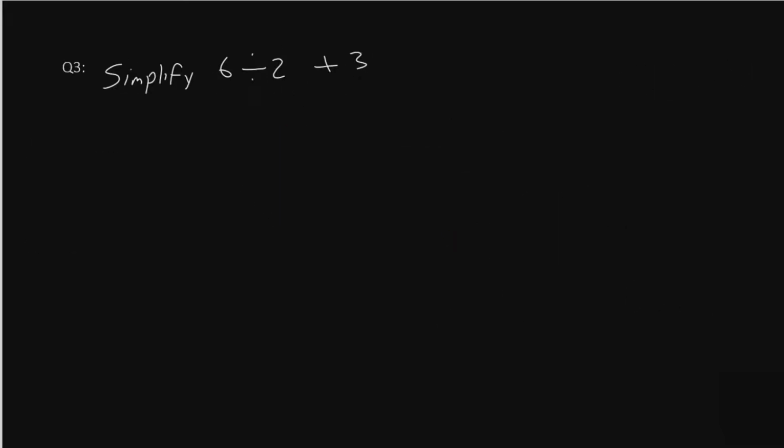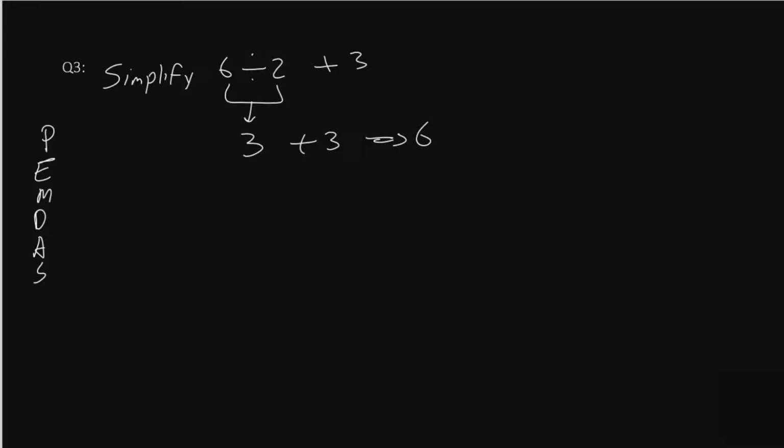That being said, let's go on to the next problem. 6 divided by 2 plus 3. Once again, let's think about our order of operations. What should I do first, the division or the plus? Division. And 6 divided by 2 makes 3 plus 3, which makes 6. Very good.